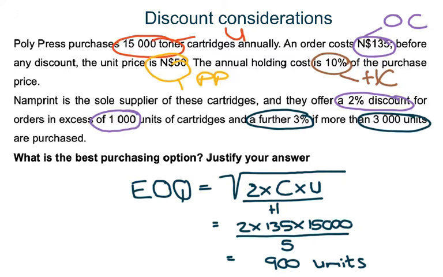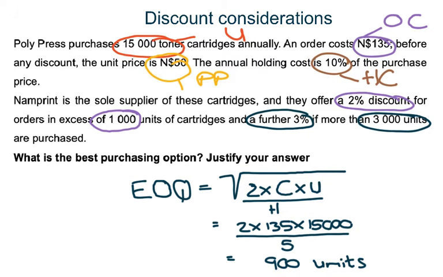We are paying $50 per cartridge, but if we order at least 1,000 units, then we will get a 2% discount. And then if we order at least 3,000 units, then we will get another 3% discount. So we will then have a 2% plus a 3% discount equals 5% discount on that 3,000 units.